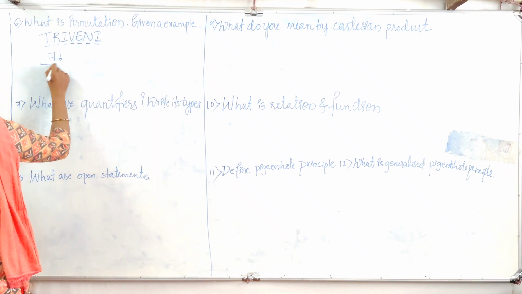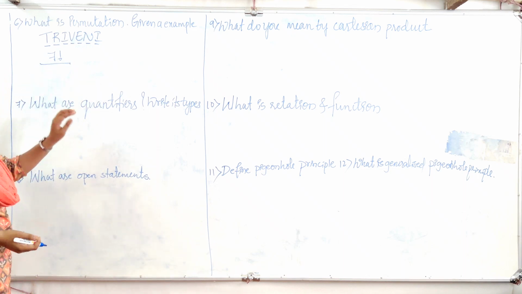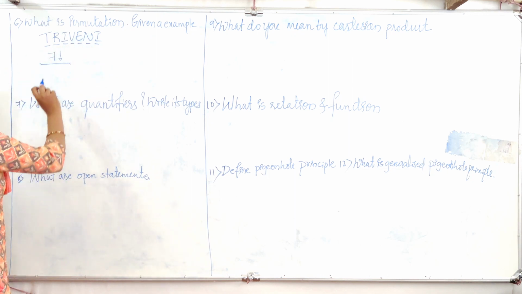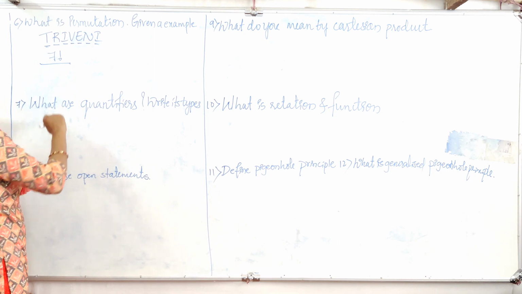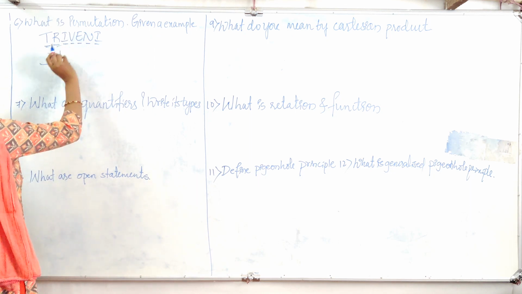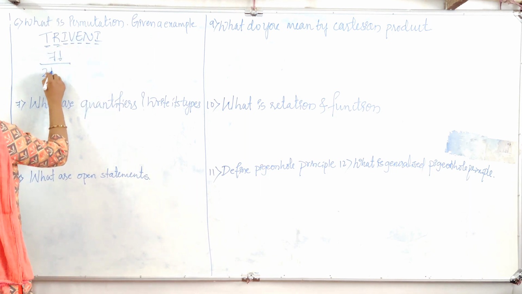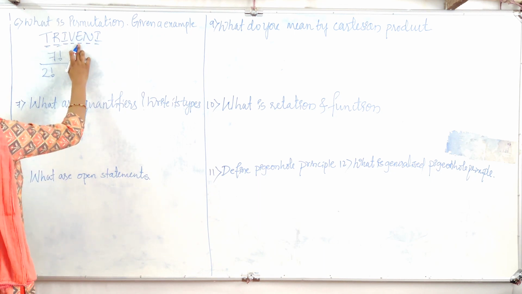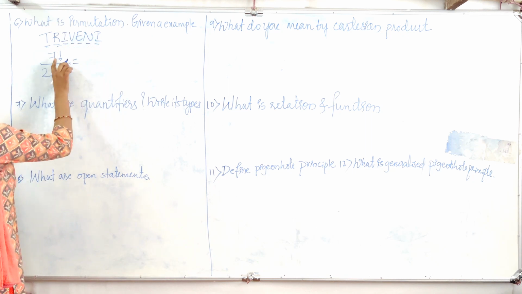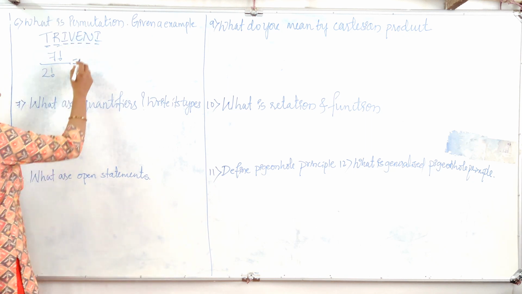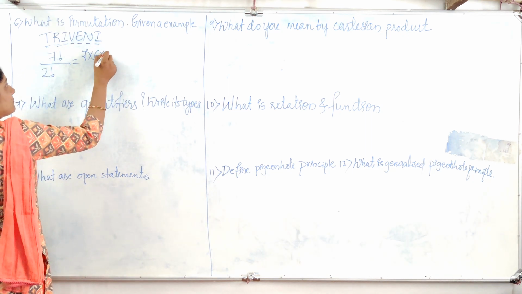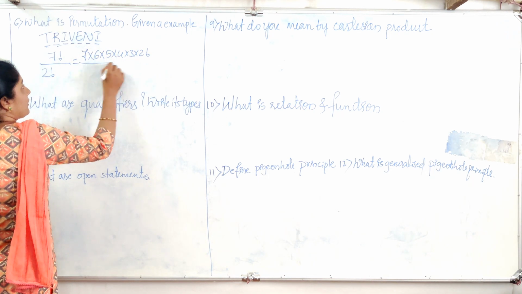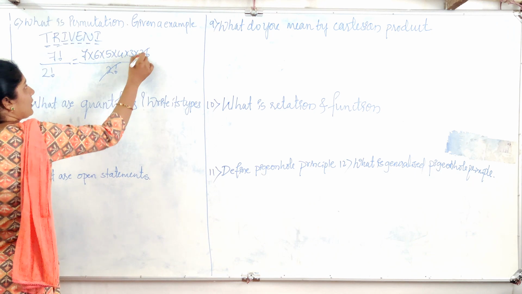Okay. Divided by the letters which are repeated, that we need to consider. T not repeated, R not repeated, I repeated, 2. Therefore divided by 2 factorial. Next, V not repeated, E, N not repeated. So what is 7 factorial divided by 2 factorial? Can cancel.